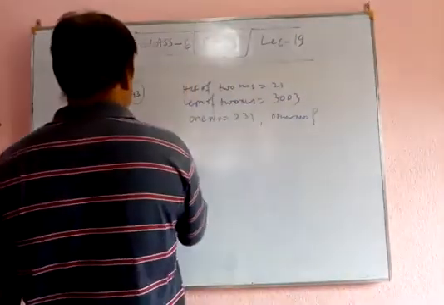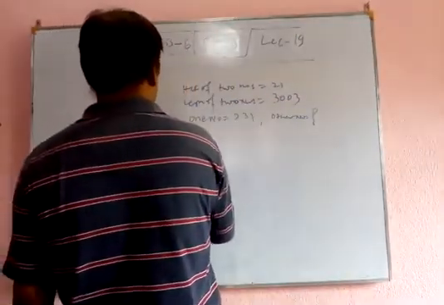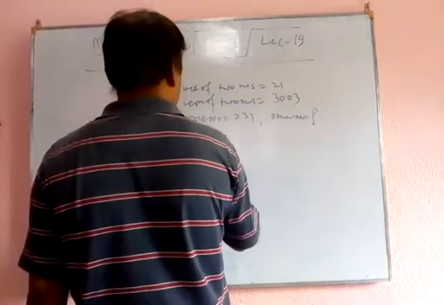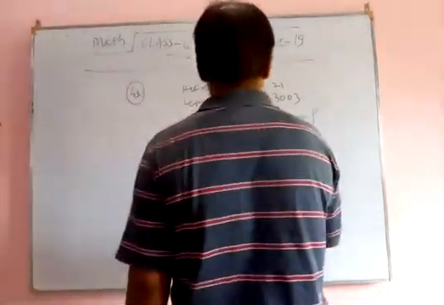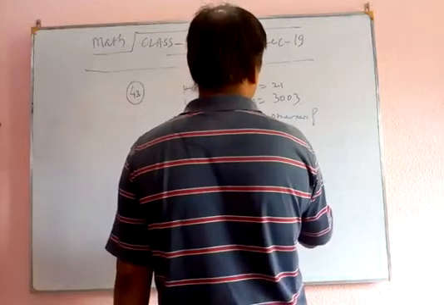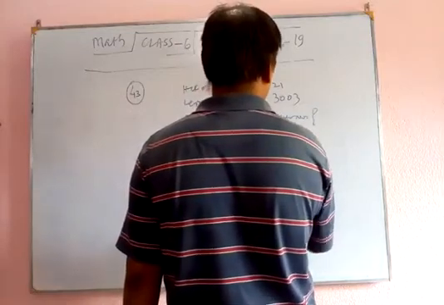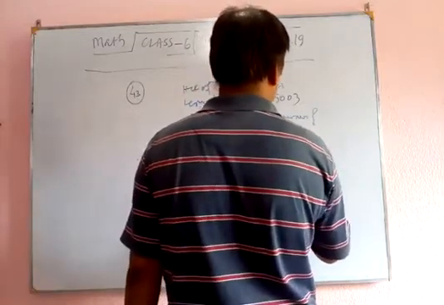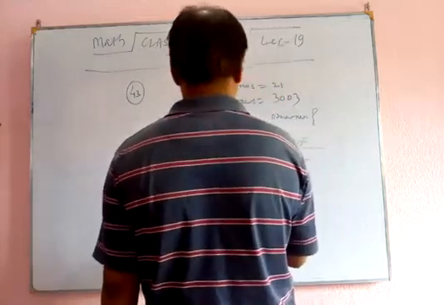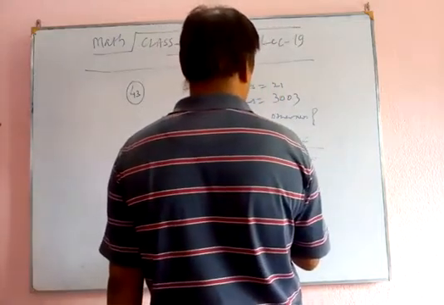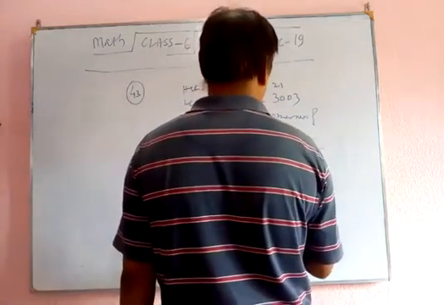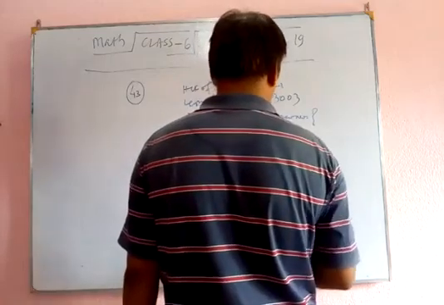What? The second number is equal to LCM into HCF divided by the first number. So 21 times 3003 by 231.